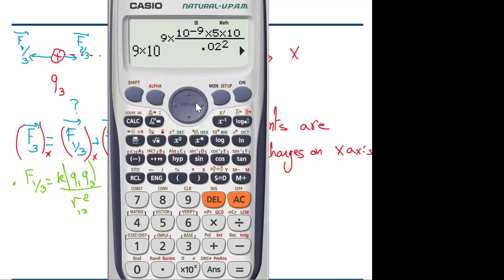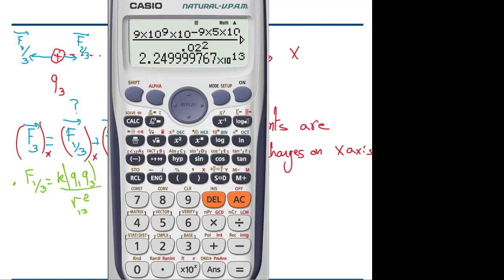What is the result? Oh, no, there is a mistake in the calculation. So what we said, 9 times 10 to the power 9, multiplied by 10 to the power negative 9, multiplied by 5 times 10 to the power negative 9, divided by 0.02 squared. Our result is 2.25 times 10 to the power 13.